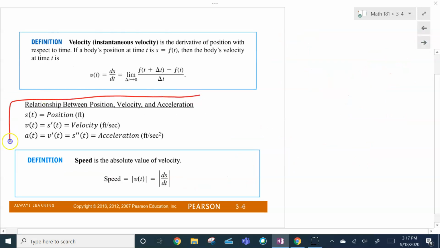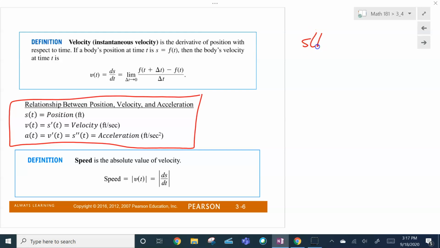What you want to remember is that with that limiting process, we can get to the velocity, which is the derivative of the position. Position has units usually like feet or meters. Velocity is the instantaneous rate of change of the position.